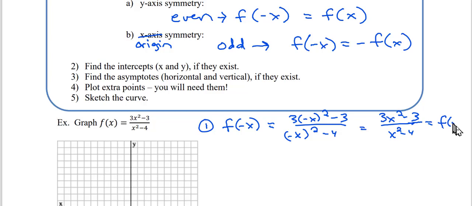That is equal to the original function, right? When you square negative x, you get just x squared. So in both cases we get the original function. That means this is an even function, and we have y-axis symmetry.